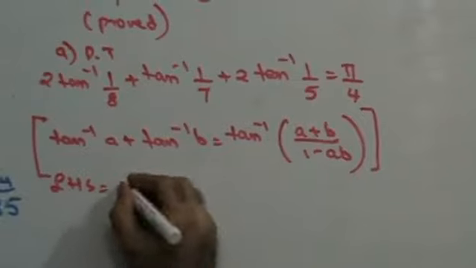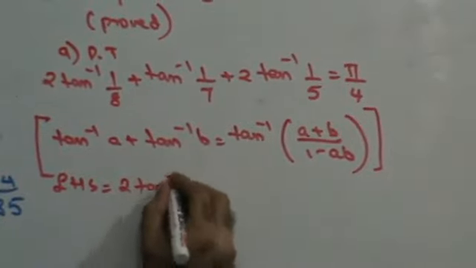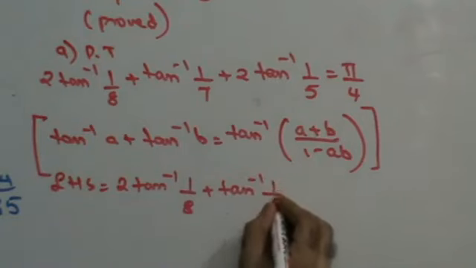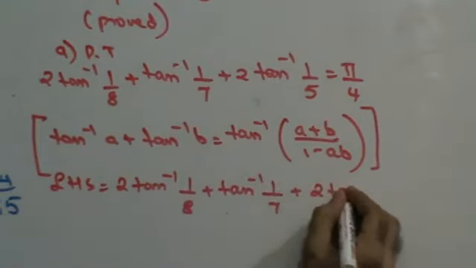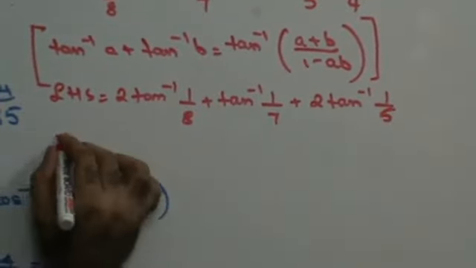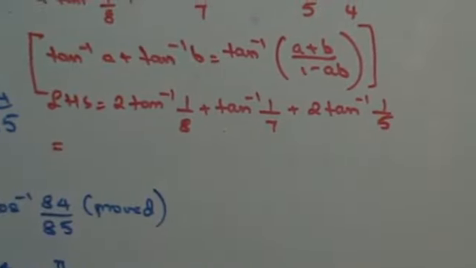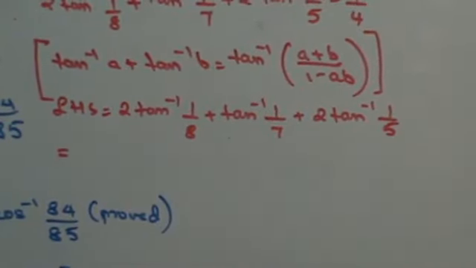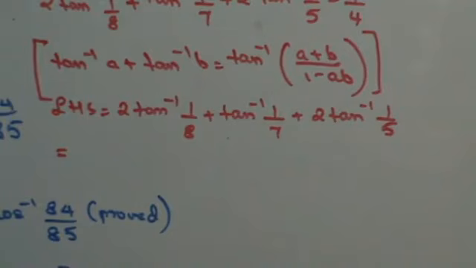LHS is twice tan inverse of 1 by 8 plus tan inverse of 1 by 7 plus twice tan inverse of 1 by 5. Twice tan inverse of 1 by 8 can be written as tan inverse of 1 by 8 plus tan inverse of 1 by 8. 2x can be written as x plus x.